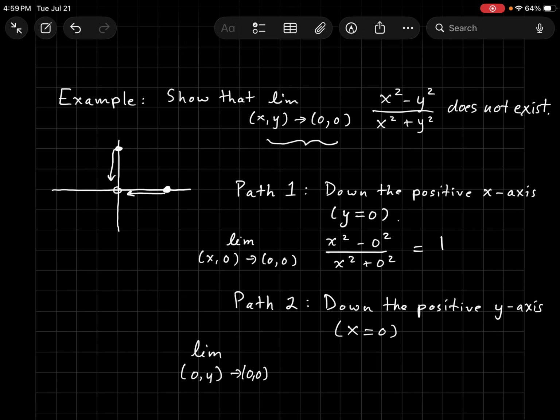And if I plug in, I get 0 squared minus y squared over 0 squared plus y squared, which equals negative 1. So notice that when I went down two different paths, I got two different limits. One clearly does not equal negative 1, which means the limit does not exist.